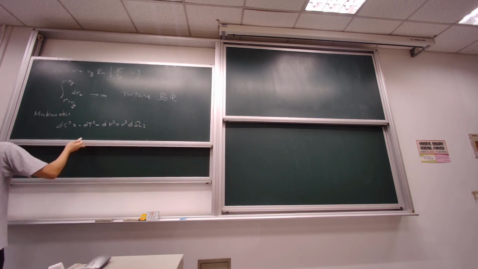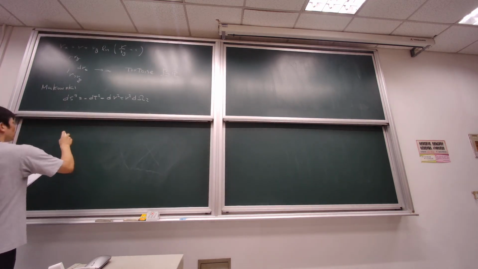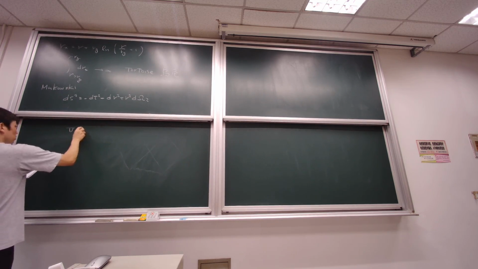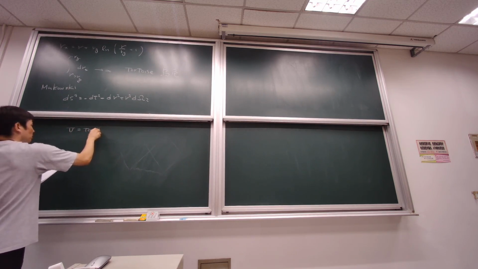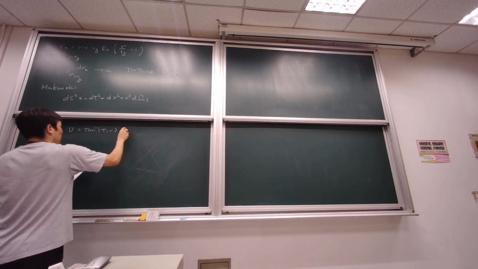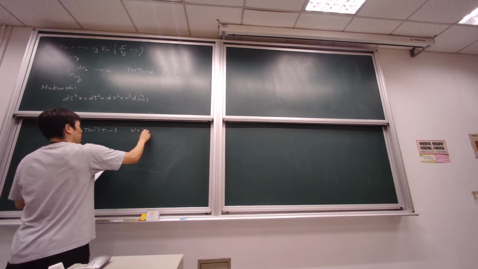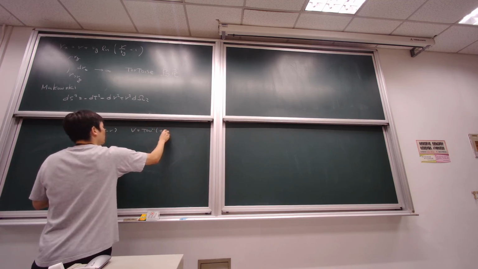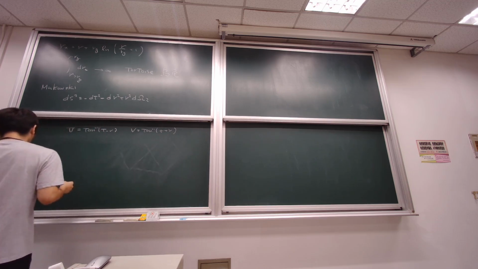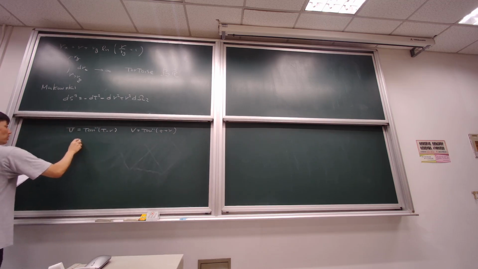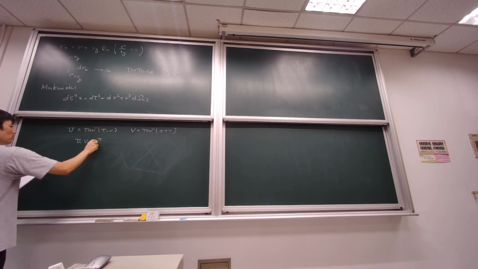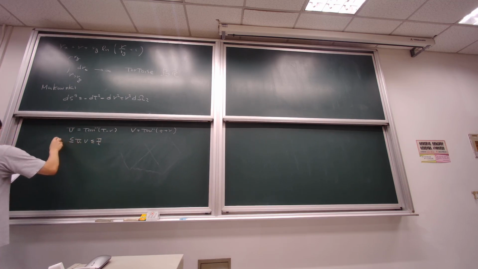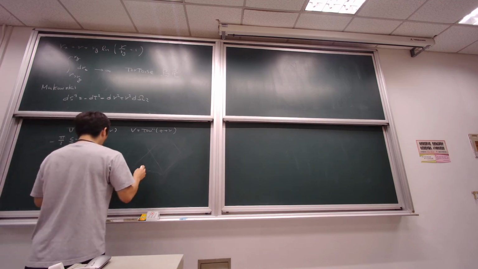And then when you introduce u equal to arctangent of (t minus r), v equal to arctangent of (t plus r), and the region of u and v is between minus pi over 2 and pi over 2, then it becomes conformally flat.